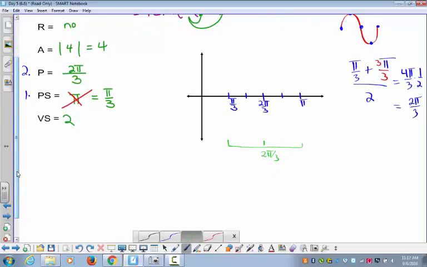Let's divide that by 4 and figure out what each of these individual subinterval widths is. So 2 pi over 3 divided by 4 is 2 pi over 3 multiplied by 1/4. The 2 cancels, and we get pi over 6. So each of these subintervals is pi over 6 in width.